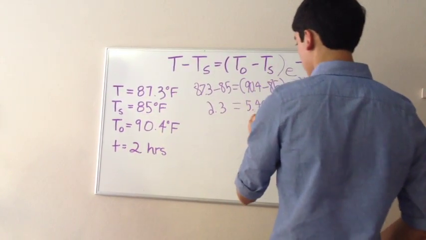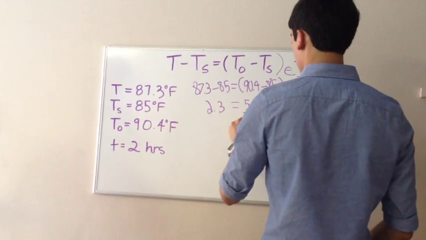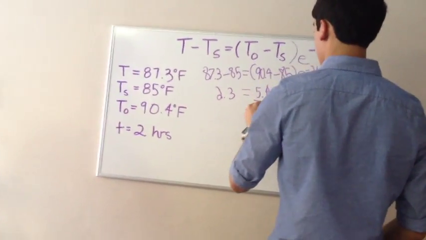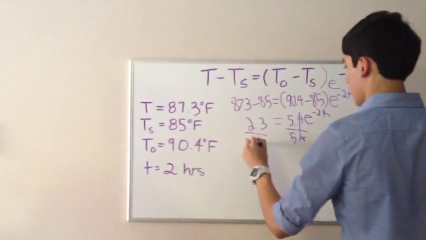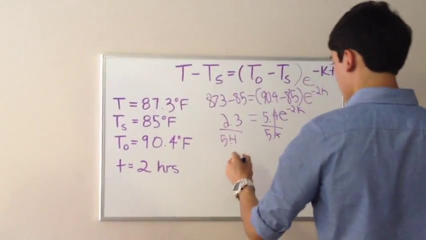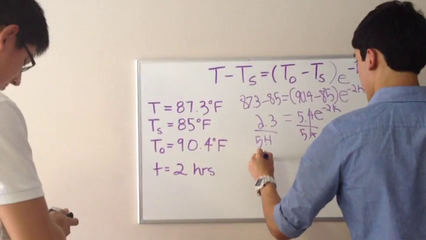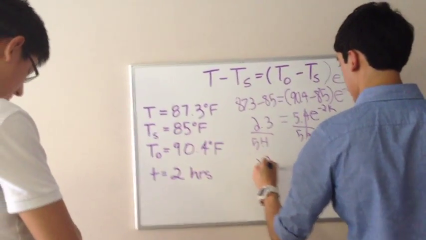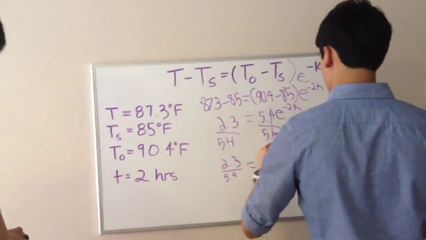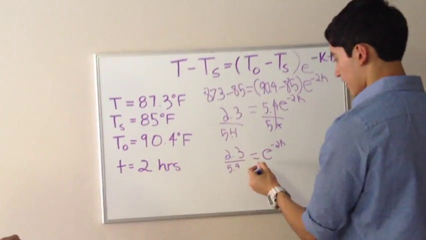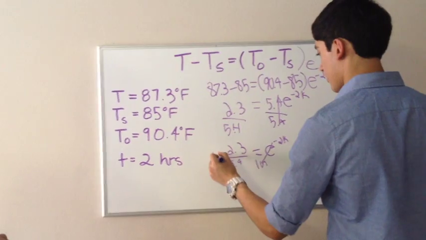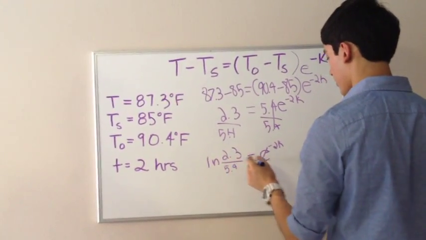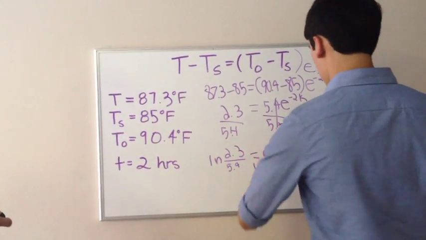So then, once I have this, I divide by 5.4, which will cancel out this, and divide this by 5.4. And then I'm going to rewrite the equation right here. So once I have this, I use ln to cancel the e. So then it's ln of 2.3 divided by 5.4. And then I'm going to rewrite it again over here.